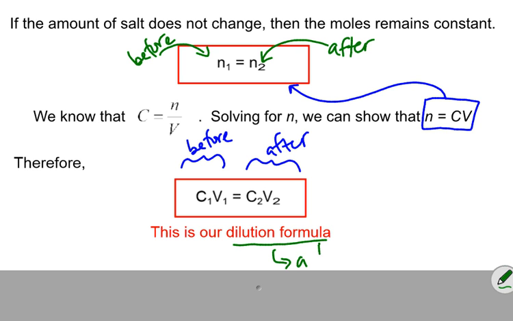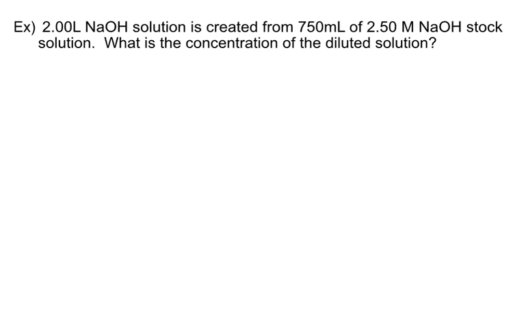If I add anything else, so if I add more salt or something else to change the concentration, I cannot use this formula. That's the most common mistake that people make. They will use this formula when we're not adding water. That's wrong. The only time we can use C1V1 equals C2V2 is when it's a dilution by adding water. So let's go through an example.